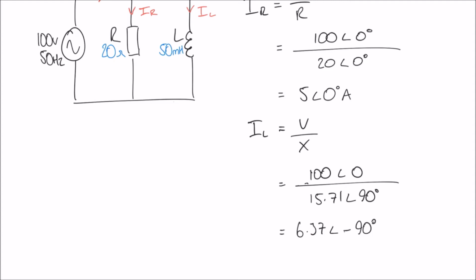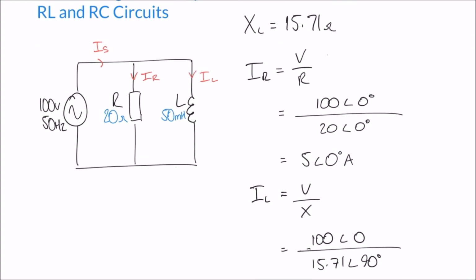Together, those two currents IR and IL combine or must add together to form IS. IS is what supplies both of these currents, and they join together to form that same supply current. So the addition of IR and IL must be IS.